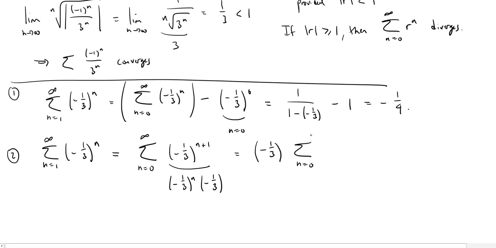All right, so I sum from n equals 0 to infinity, negative 1/3 to the n, and now this does match the geometric series format. So this becomes negative 1/3 times 1 over 1 minus negative 1/3. As we already established, this quotient is going to be 3/4. And if you multiply 3/4 times negative 1/3, you get negative 1/4.